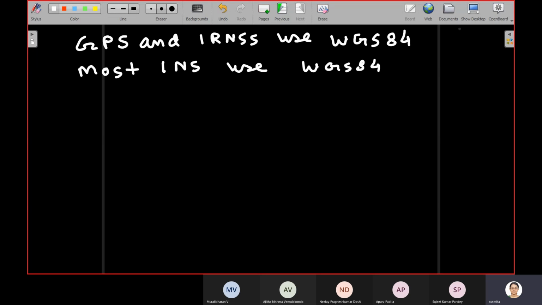So the position of any body is actually provided with respect to the reference ellipsoid, and GPS and IRNSS use the WGS 84 reference ellipsoid, and most INS systems also use the WGS 84 standard as the reference ellipsoid.